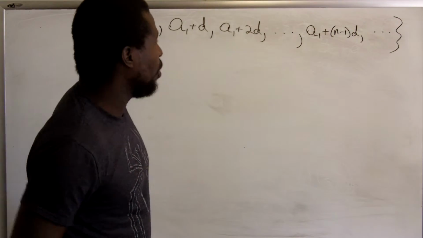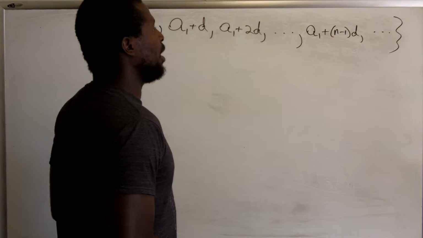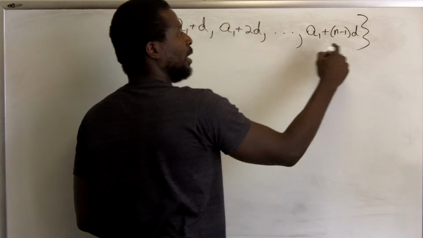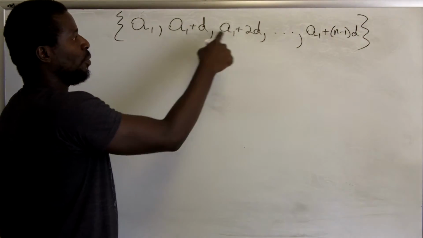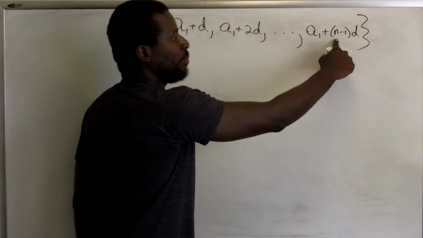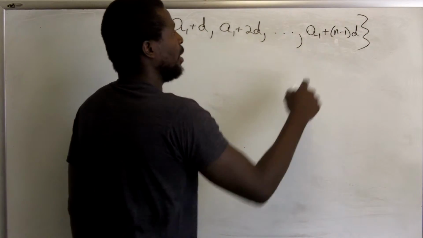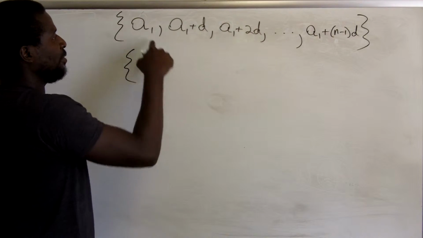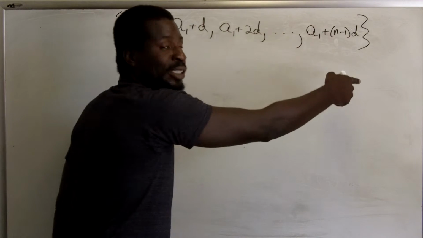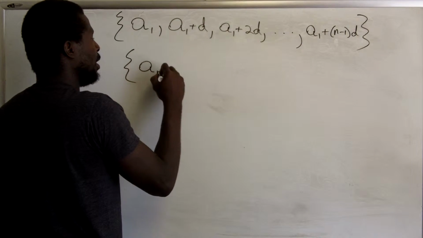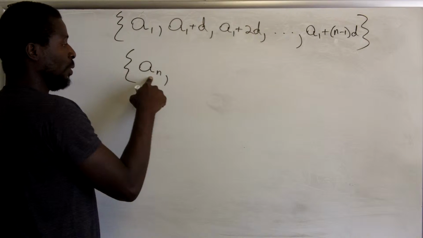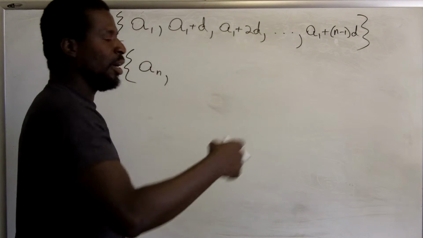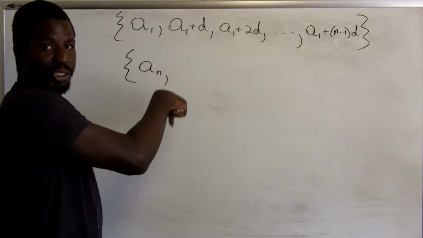Let's say we want to talk about only the partial sum, right? Let's say we don't want to go all the way up to infinity, but we want to truncate this at An. So this is A1, A2, A3, A4, A5, all the way up to An, okay? We could also write that this way. Instead of starting with A1, we could start with the last term, An, and then subtract d every time. So An would be the first term. It's the term that has the highest value for its input.